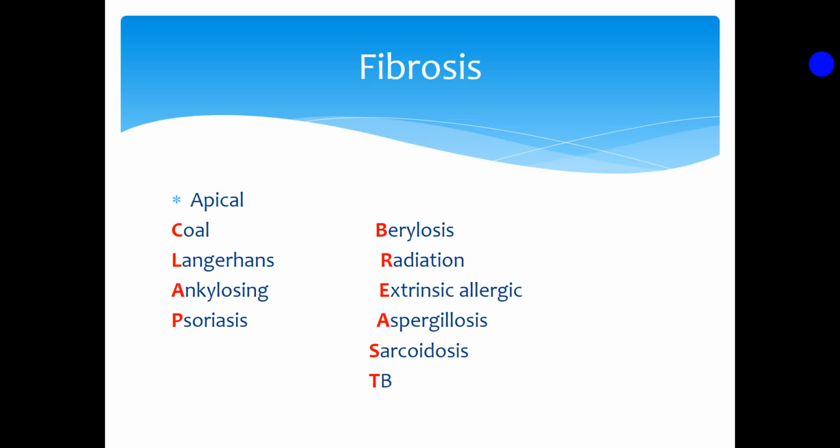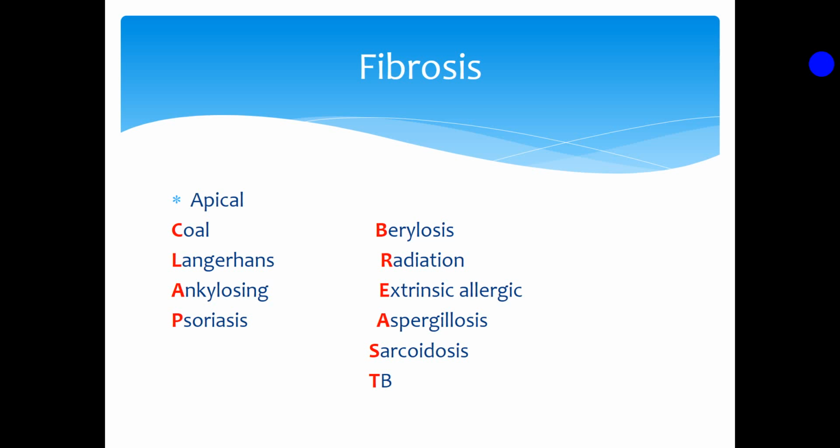cough, apical, you would say the causes would be ankylosing spondylitis, coal worker's lung, or berylliosis, radiation, extrinsic allergic alveolitis, aspergillosis and sarcoidosis and TB, breast collapse. You may look carefully for ankylosing spondylitis and psoriasis in the exam.